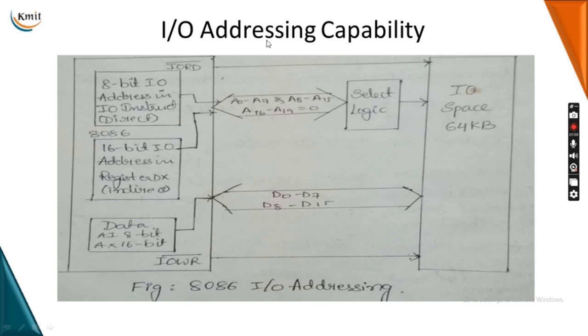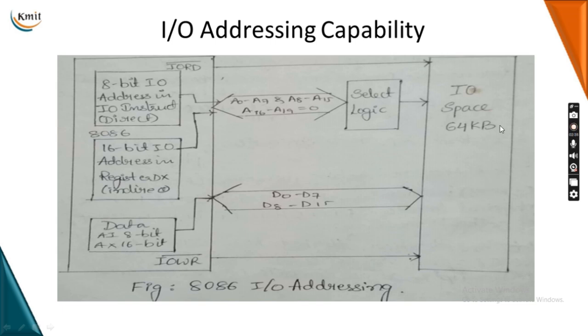As you all know, the address bus is a 20-bit bus, that is 2 power 20, so we have 1 megabyte of memory space, whereas the data bus is 16-bit. 16-bit is 2 power 16, which gives approximately 64 kilobytes.